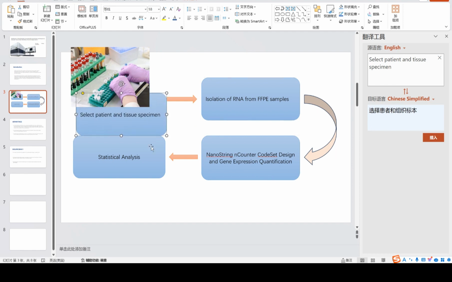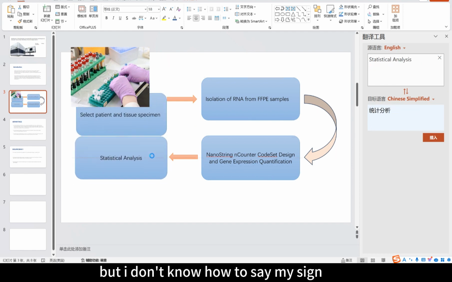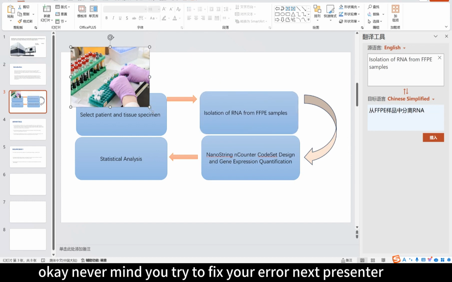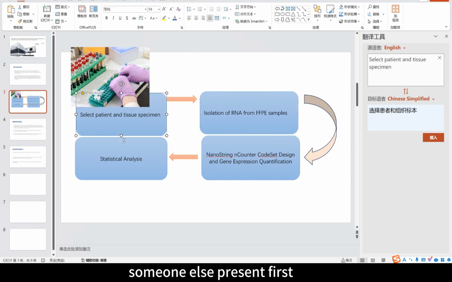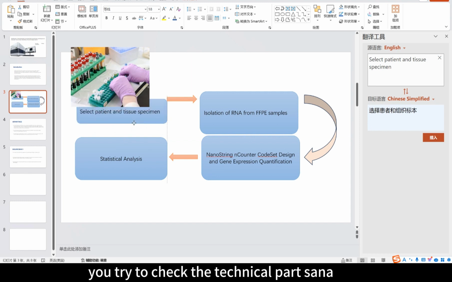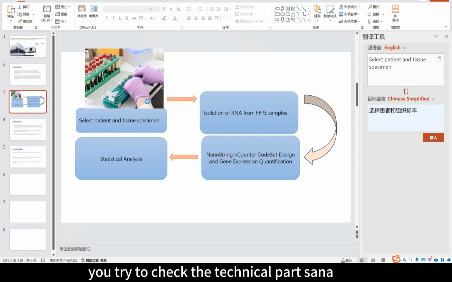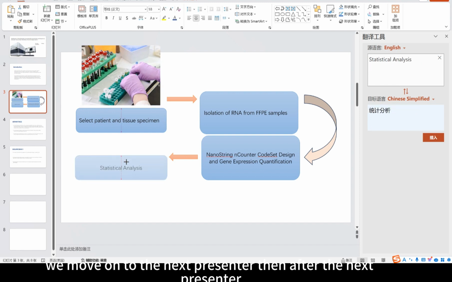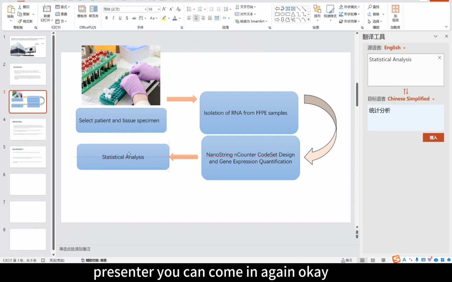Sana? Yes, sir. I want to share it, but I don't know how to share my slide. Okay, never mind. You try to fix your error. Next presenter, someone else present first. You try to check the technical part, Sana. Okay, we move on to the next presenter. Then after the next presenter presents, you can come in again, okay?